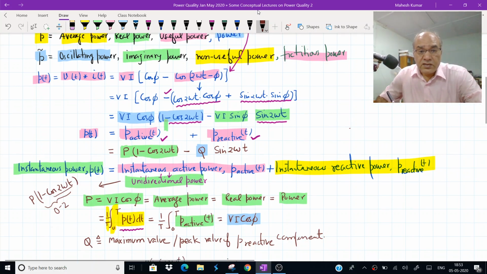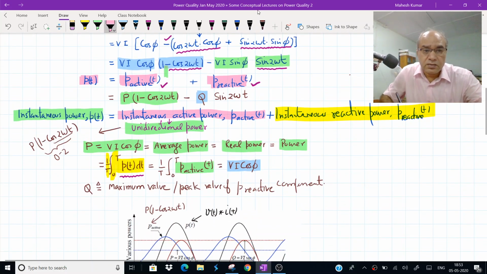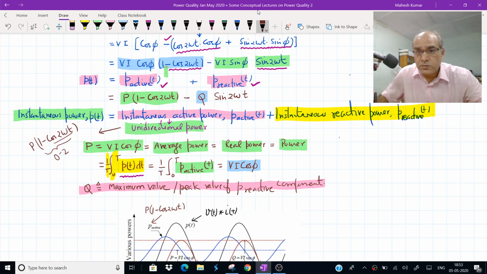And the definition of Q is, remember, the maximum value, or peak value, of the P reactive component. There is a very unique difference between these two terms, P and Q. They look similar. P is the average power, but Q is the maximum value of P reactive.